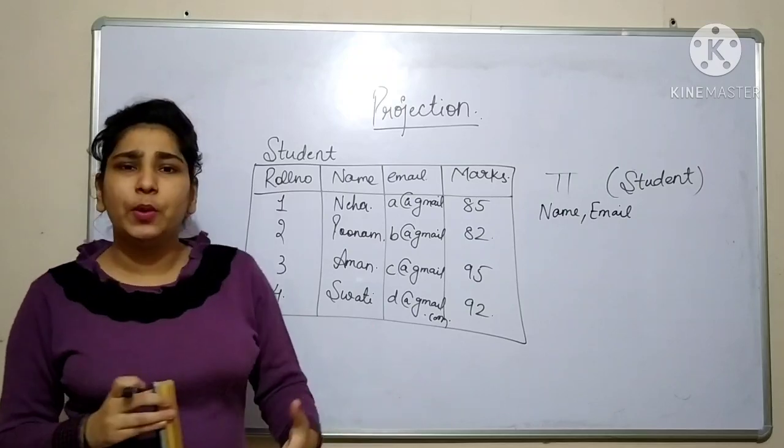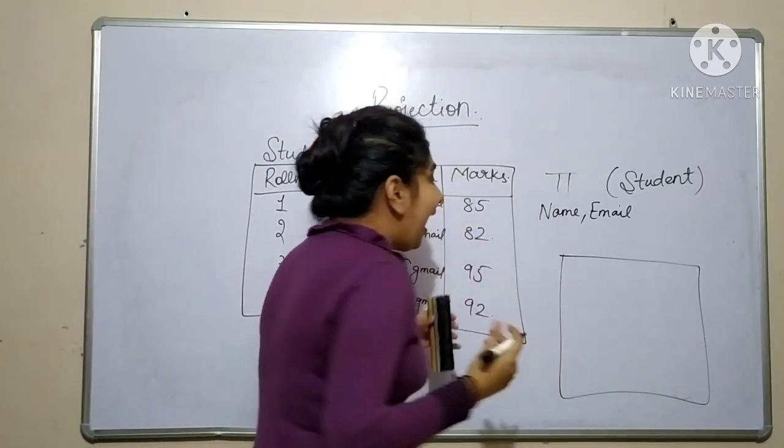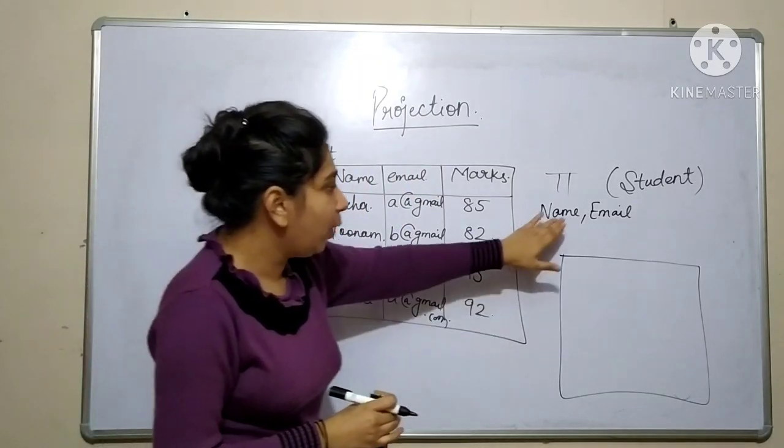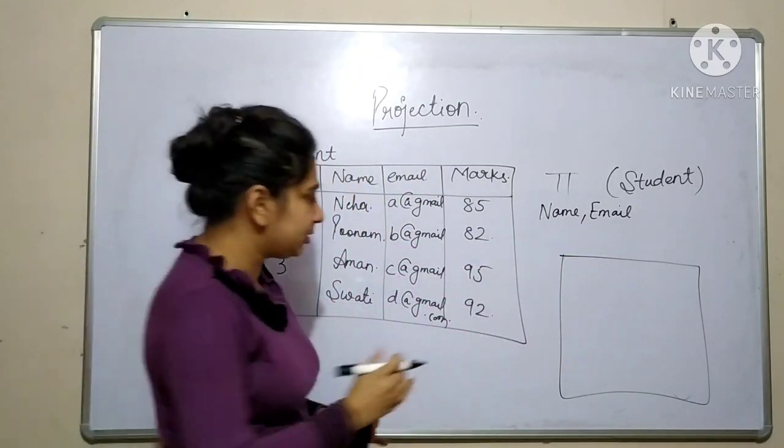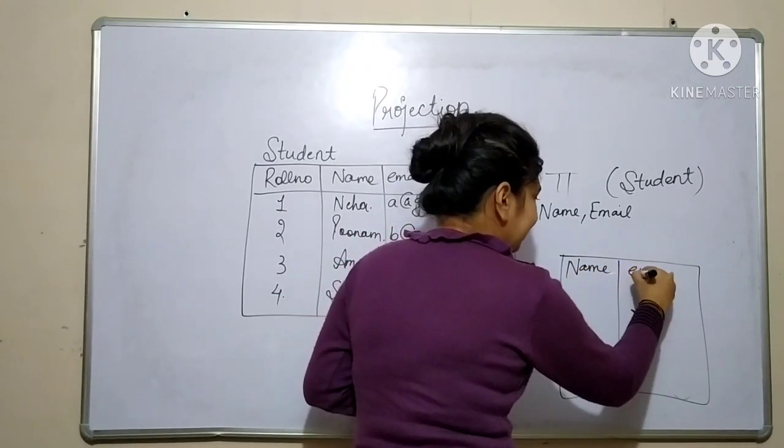So what is going to be my output? In my output, I will get only these two attributes, name and the email ID.